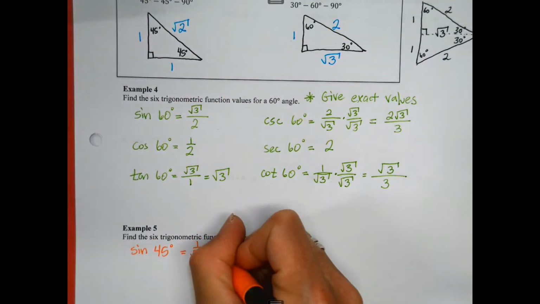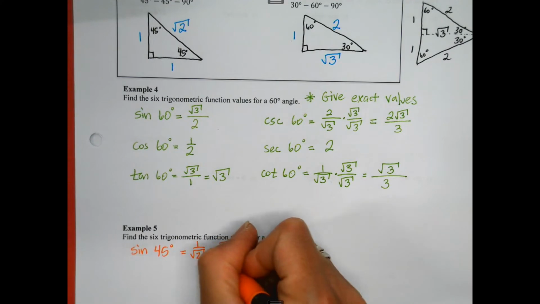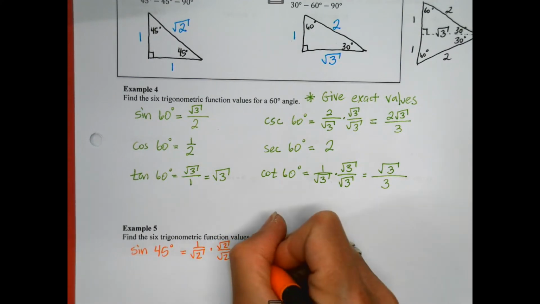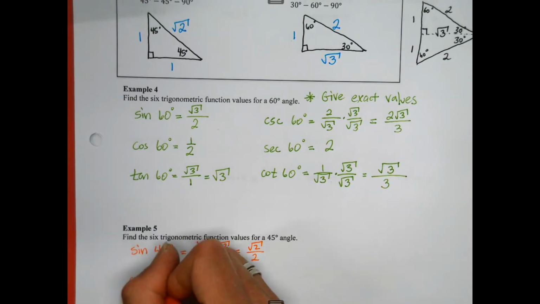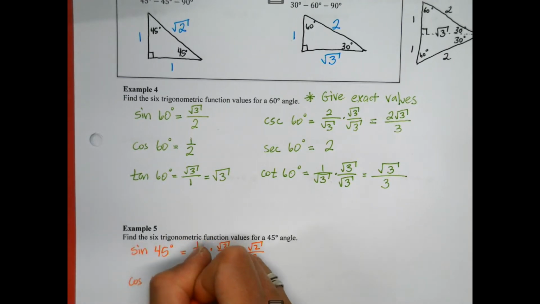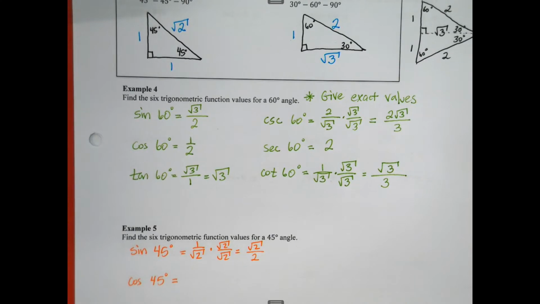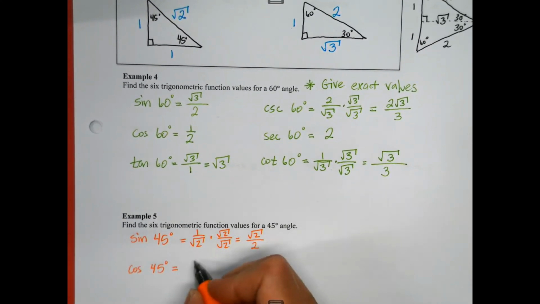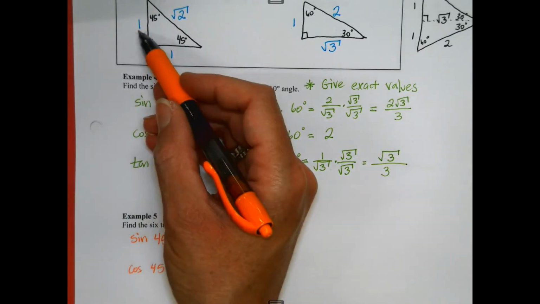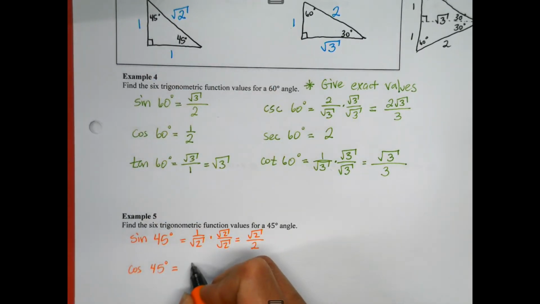But we need to rationalize, and we get the square root of 2 over 2. The cosine of 45 degrees, since sine and cosine are cofunctions, is going to be the same, and also our adjacent and our opposite sides are the same, so it's also the square root of 2 over 2.